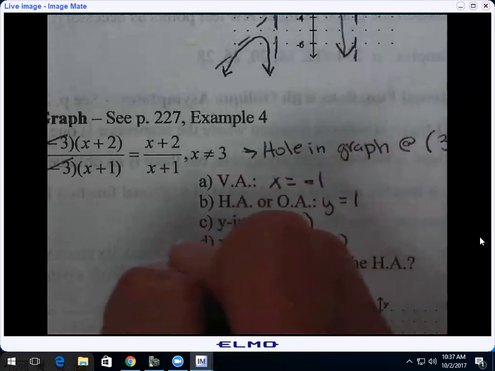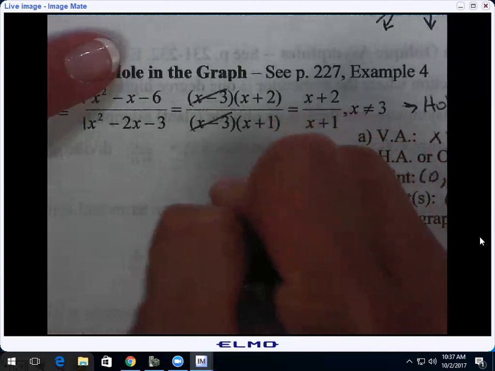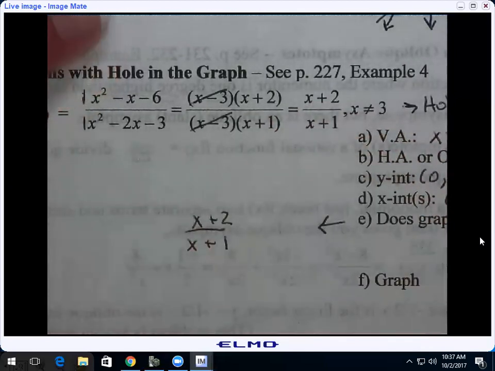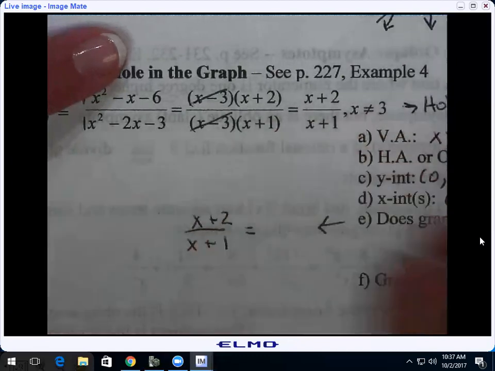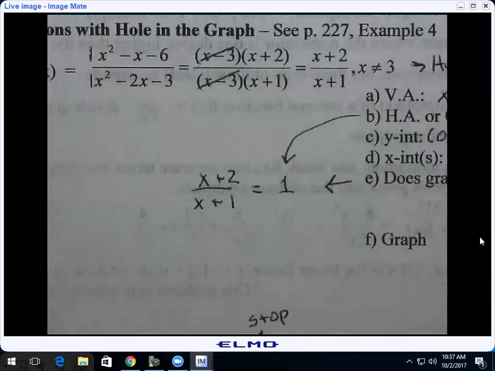So the answer to this question comes from setting (x plus 2) over (x plus 1) equal to the 1 from the horizontal asymptote.